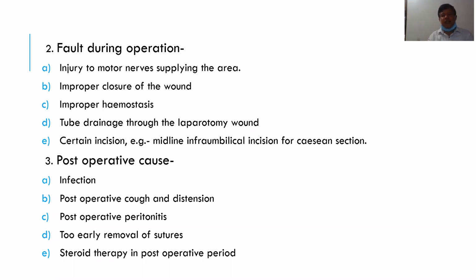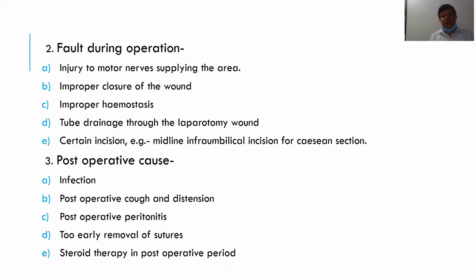But if it is done midline and deep below the umbilicus, because there is deficiency of the posterior sheath, this midline infraumbilical incision is most prone to develop incisional hernia. And even in clinical practice, we get patients with incisional hernia, most of them female patients with a history of midline infraumbilical incisions.